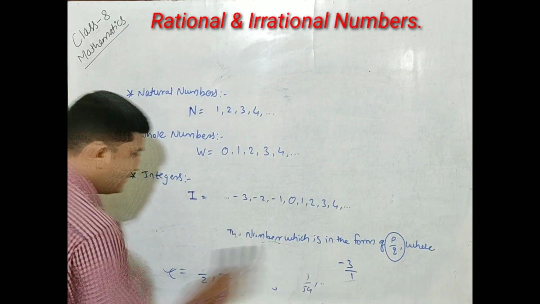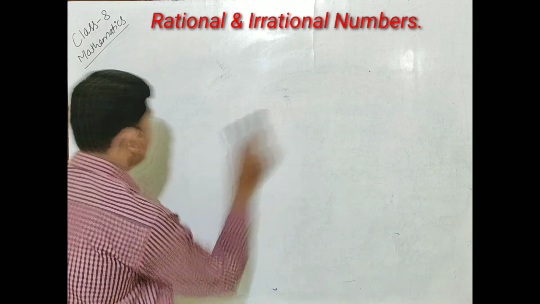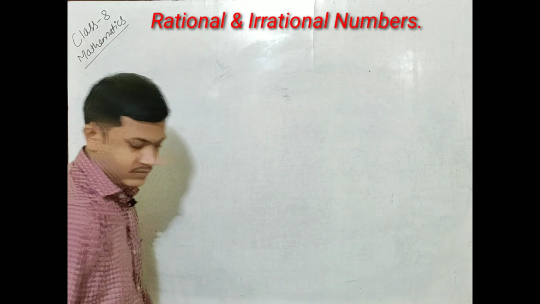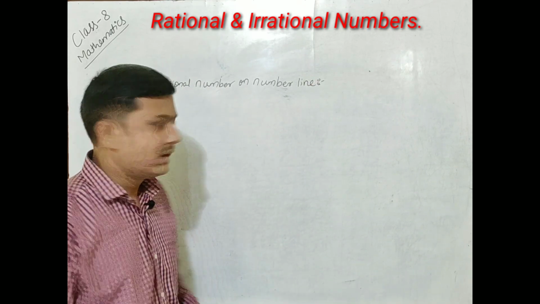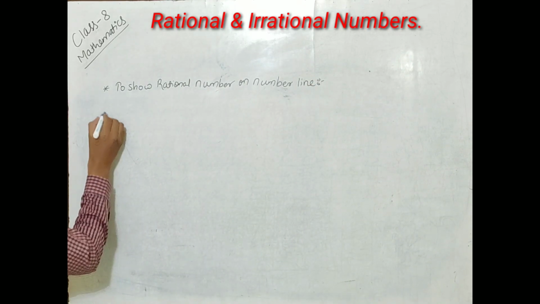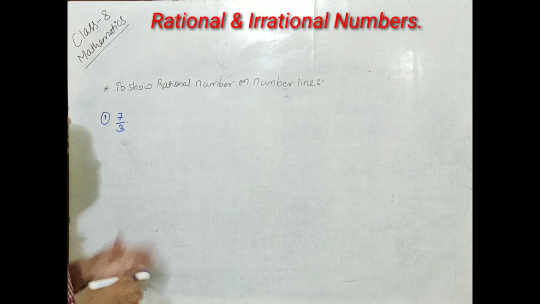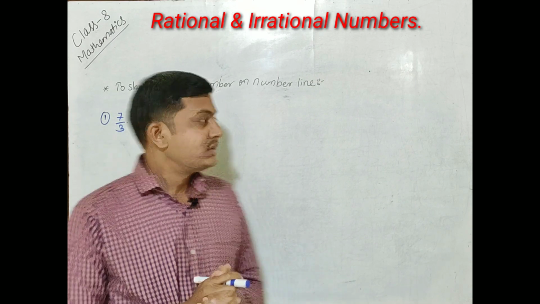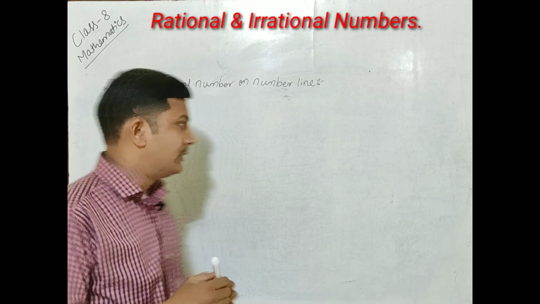Again, to show a rational number on a number line, the first number is 7 upon 3. Now if such a question is asked, first of all what do we have to do? We have to draw a number line.